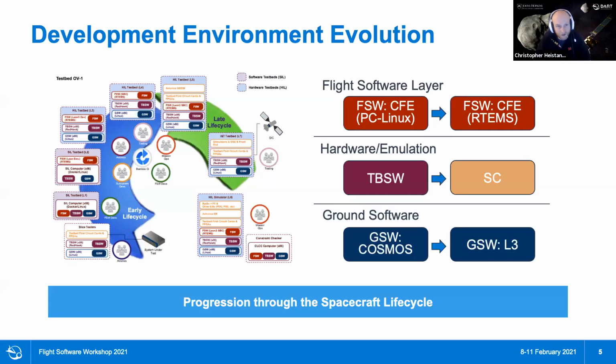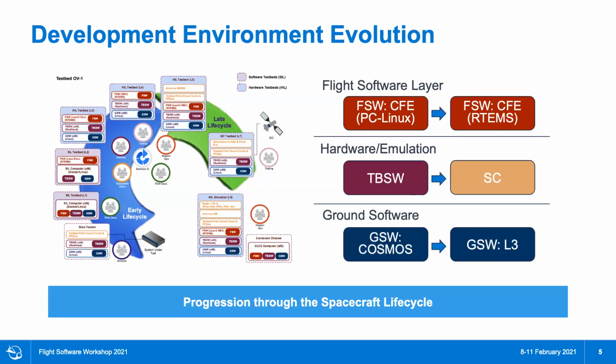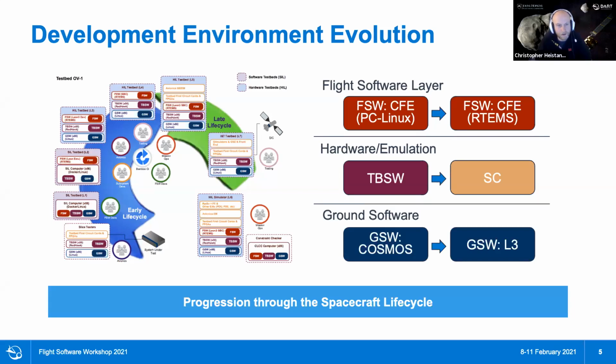We are entering TVAC this week. So we are at the very end of our late life cycle, but we started with just a couple of containers and a software emulation. We started with cFE, so we're built on top of cFE, but we started with PC Linux. We've moved to RTEMS. We started with testbed software, and we've moved to a spacecraft and real hardware.